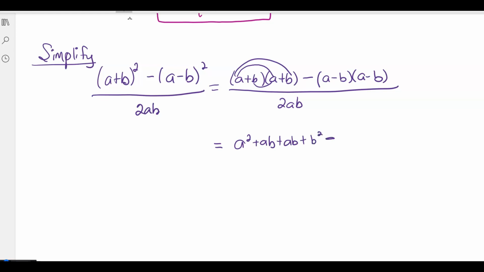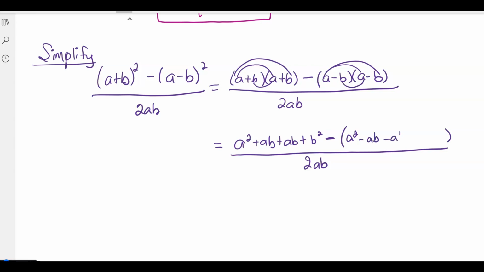Now, the trick is putting a minus sign next and putting up a large parenthesis like that and not worrying about changing signs until after you multiply a minus b times a minus b. So a times a is a squared, a times negative b is negative ab, then you have another negative ab, and then you have plus b squared.